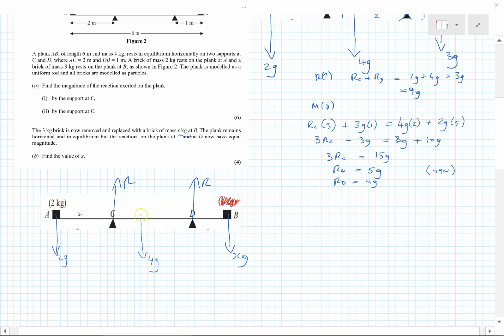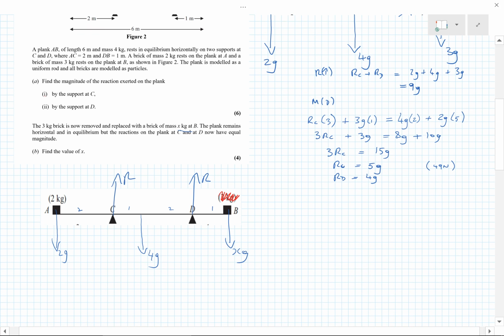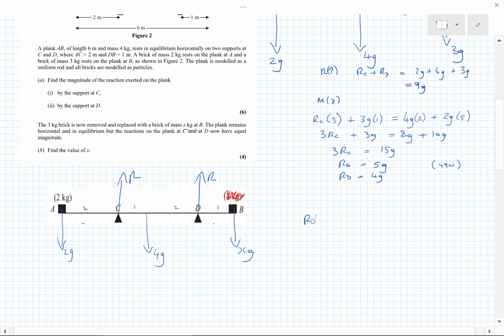Let's mark the distances in again, 2, 1, 2, 1. And it says find the value of X such that the 2 reactions are the same. So I'm going to resolve vertically again. We have 2R equals 2G plus 4G plus XG. So 2R is equal to 6G plus XG. Okay, we'll store that up for later.